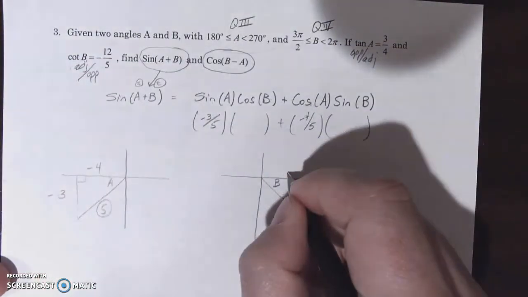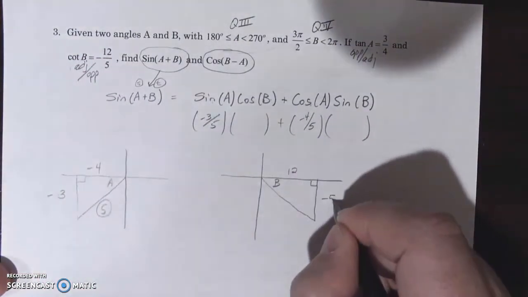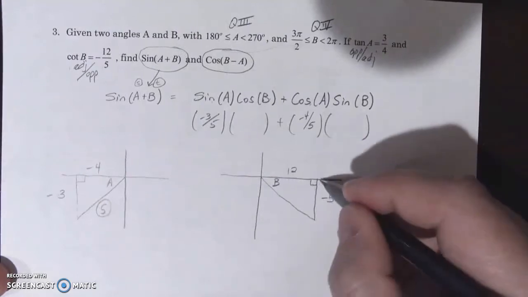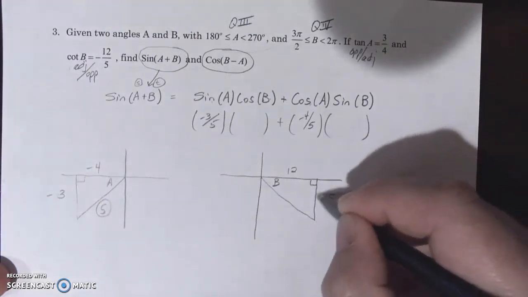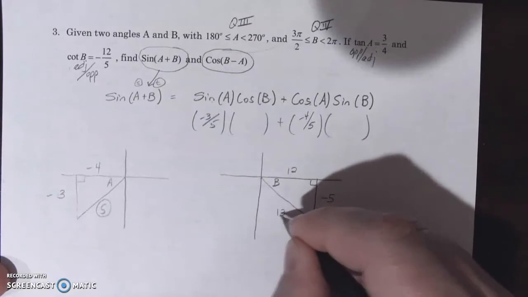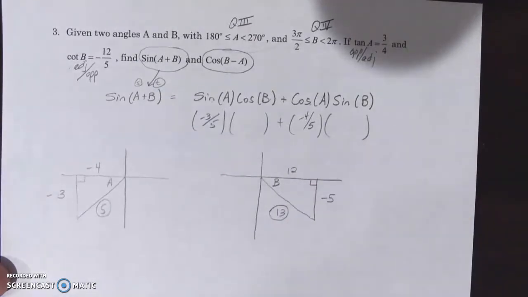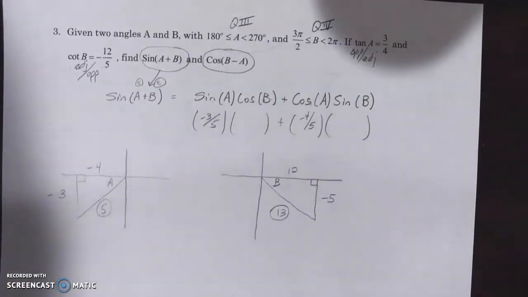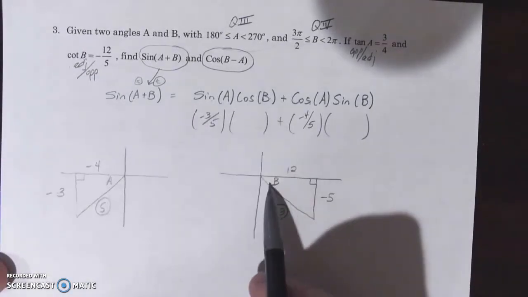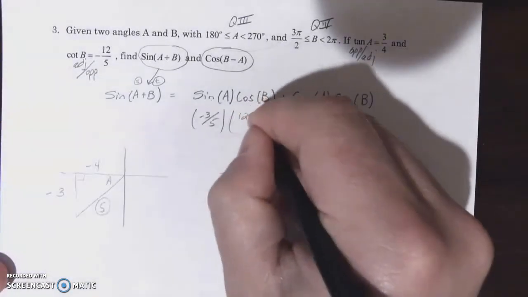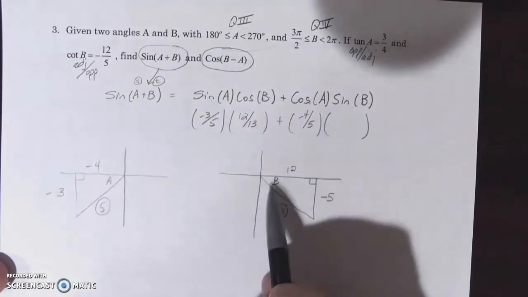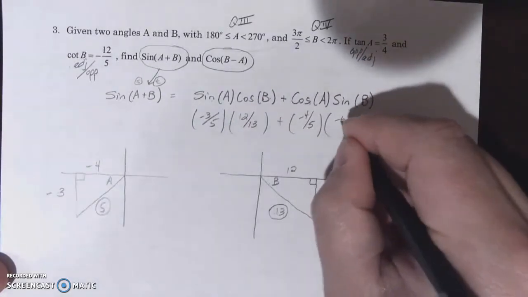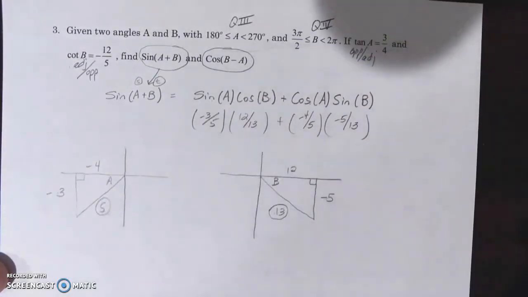So we have a 12 over a negative 5, right of the axis, below the axis. This one should be negative. Pythagorean theorem gets us a 13 for the hypotenuse, and now I will know what cosine and sine of B are. Cosine of B is adjacent over hypotenuse, a positive 12 over 13. Sine of B is opposite over hypotenuse, negative 5 over 13.